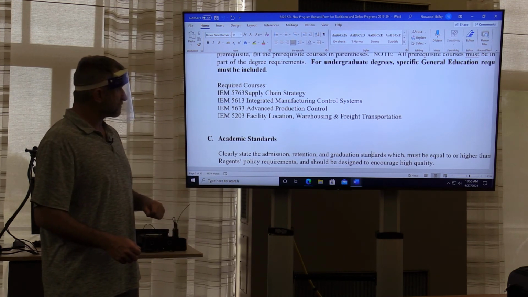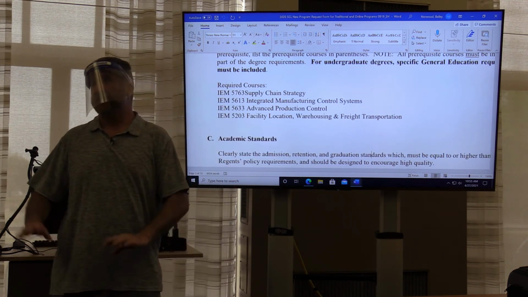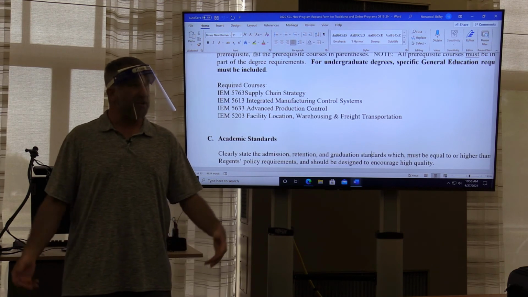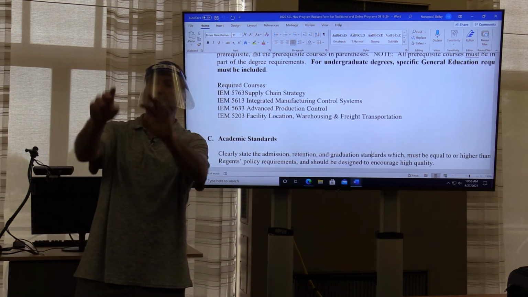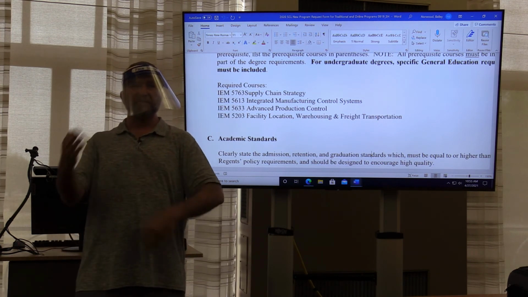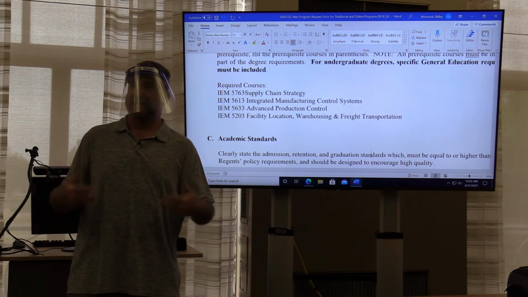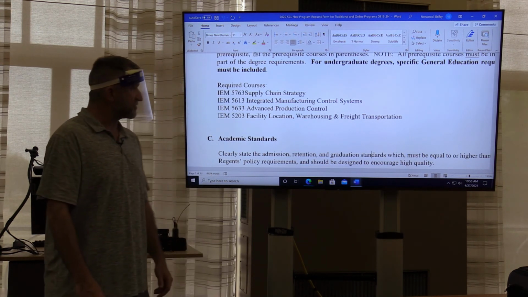But facility location, warehousing, and freight transportation, that's the transportation models we've been dealing with. But instead of me giving you distribution centers, you ask, what if we put a distribution center here? We solve an optimization model, how much money does it save? Is that worth it for building the distribution center?